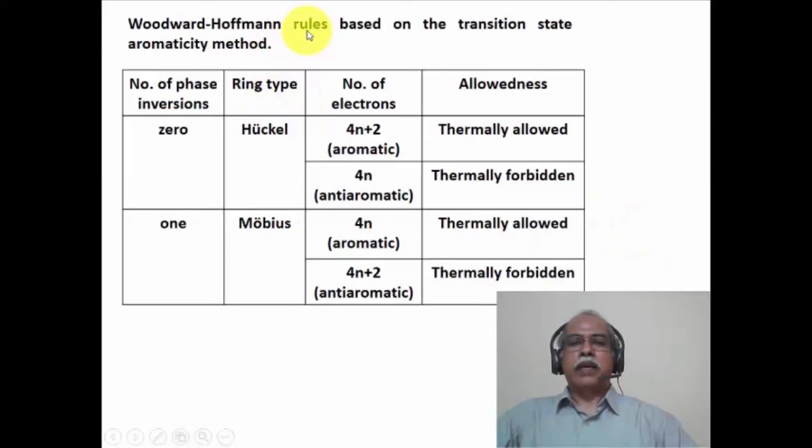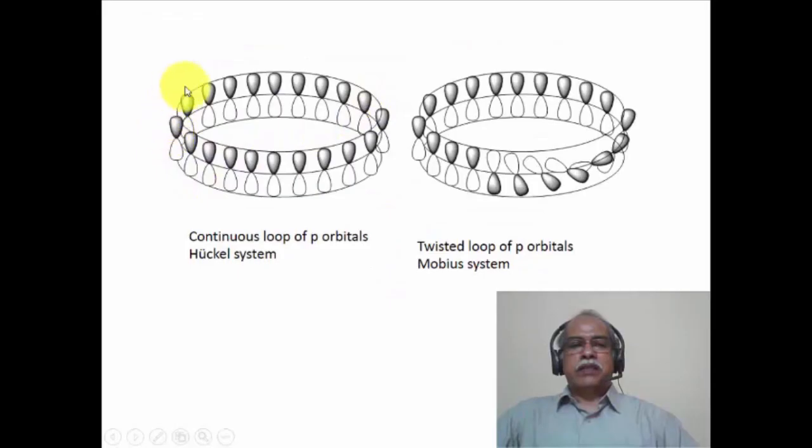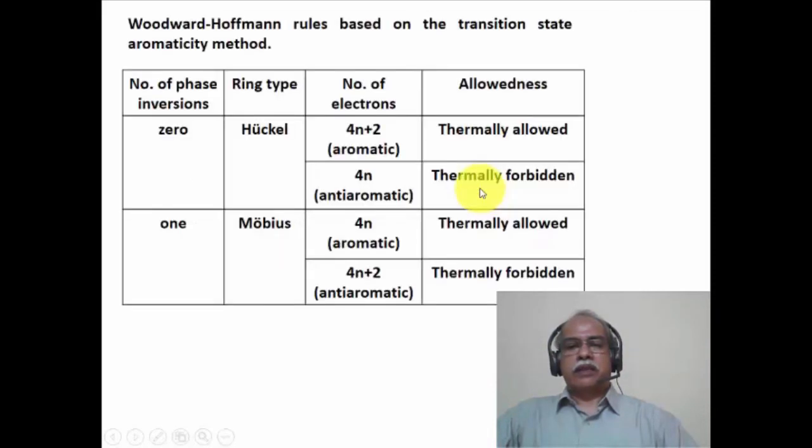So Woodward-Hoffmann rules based on the transition state aromaticity can be summarized using this particular slide here. You consider the number of phase inversions that are taking place. In this case, there is no phase inversion, so it is 0. Here there is a phase inversion. You can see here there is a phase inversion at this particular point, so one phase inversion is happening here. So depending upon whether there is a phase inversion or not, you classify it as Huckel or Mobius.